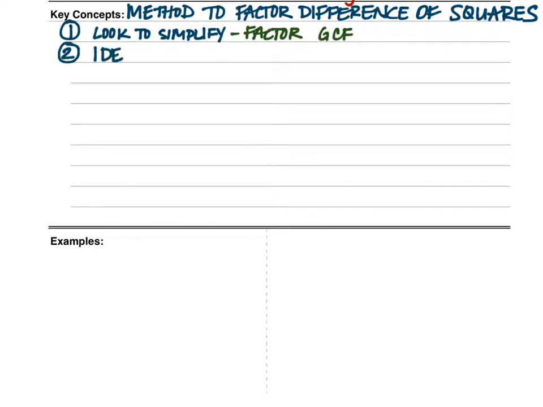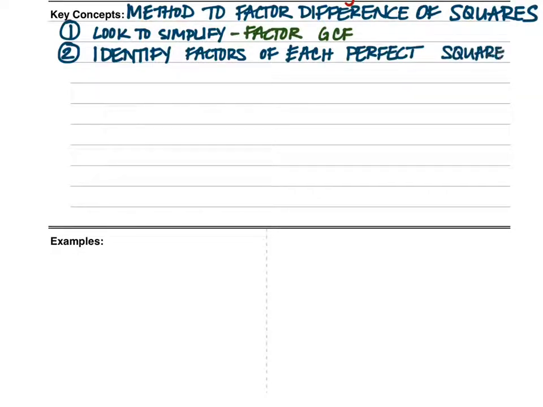The second step is to identify the factors of each perfect square. So we want to break the perfect square into its factors. In order for it to be a perfect square, we need to recognize that it needs to be the same thing. So for example, I might jump ahead and take a look.